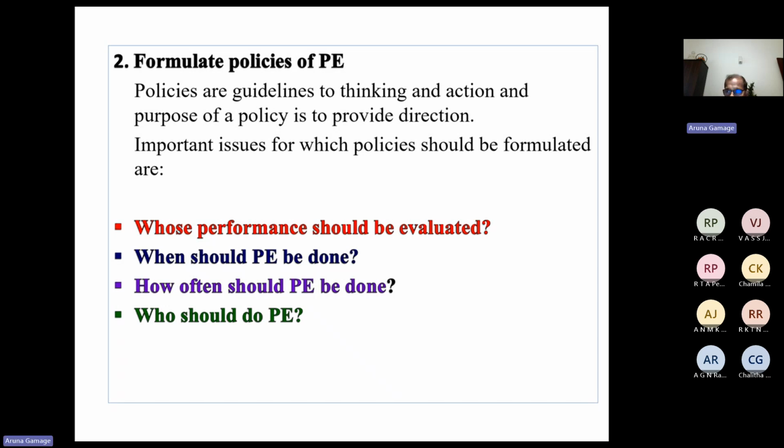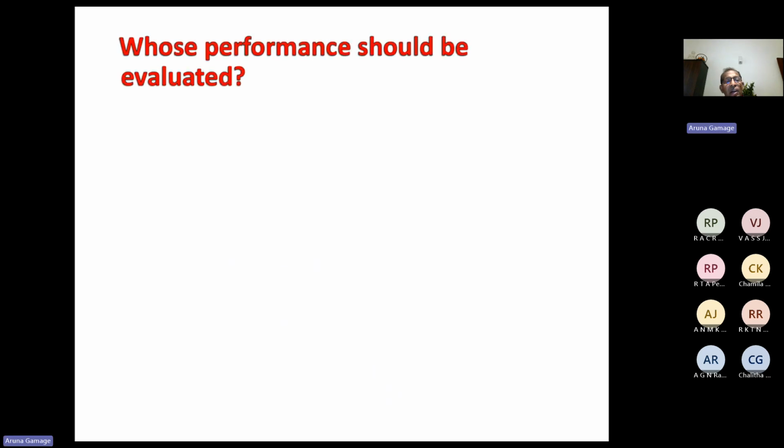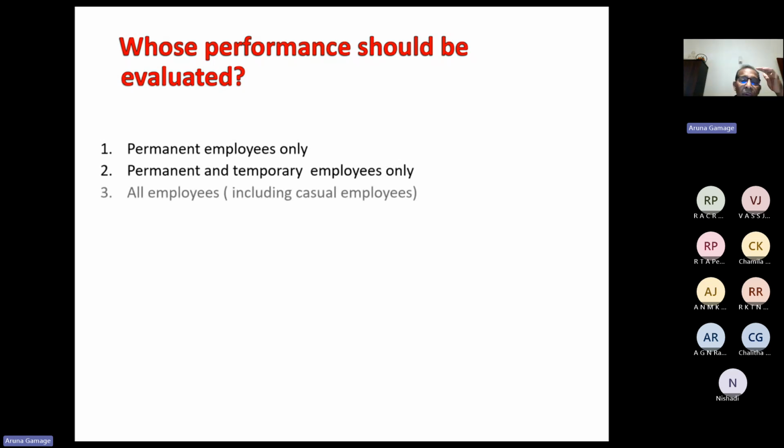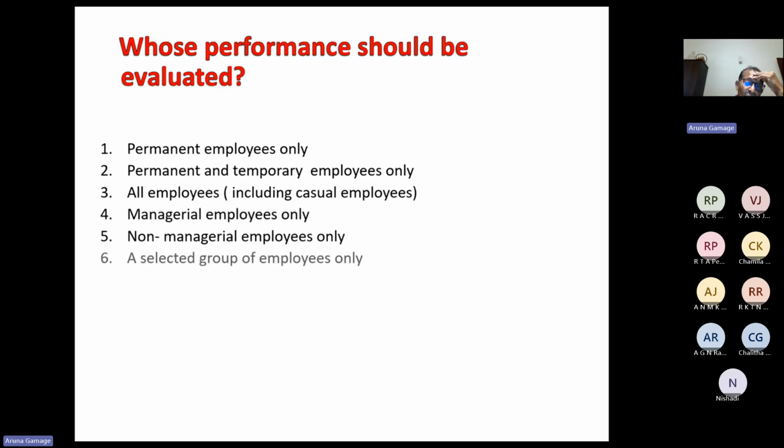There are many type of employees: permanent employees, temporary employees, contract employees, factory employees. So who are the employees for whom we are going to measure performance? You have to have an answer: permanent employees only, permanent and temporary employees only, all employees including casual employees, manager employees, non-manager employees, factory employees, selected group of employees. So this is a policy issue.